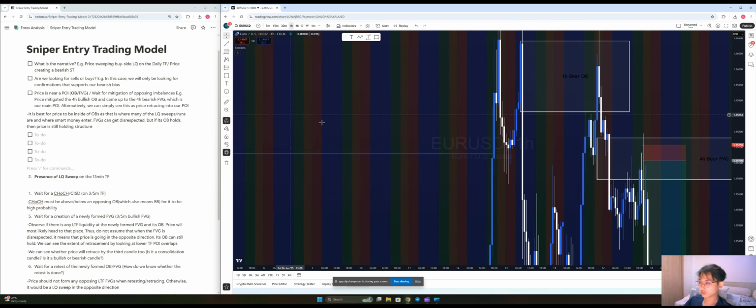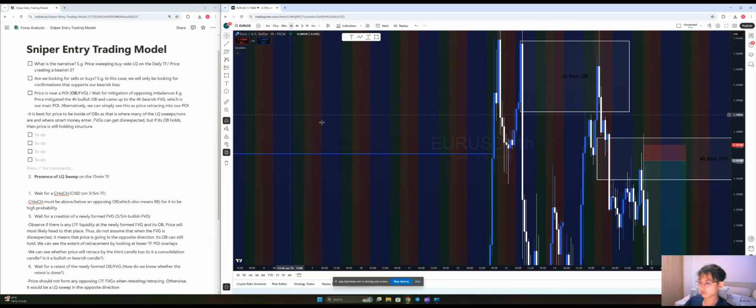Price tapping into the POI and doing a liquidity sweep. Then when we enter our confirmations, we also have to look for the same entry model on the lower time frame. Yeah, so that's how it works. So presence of liquidity sweep is key.